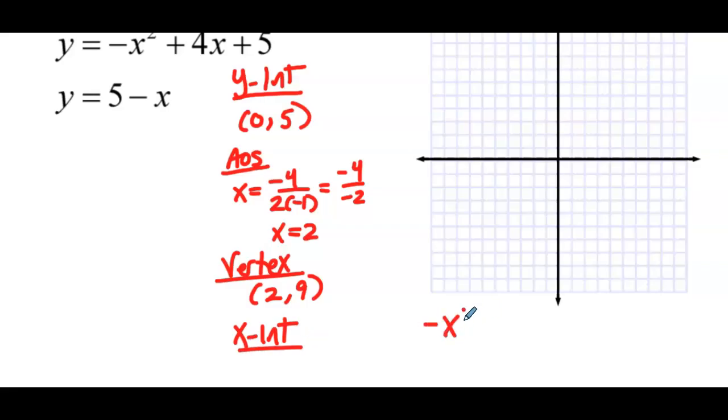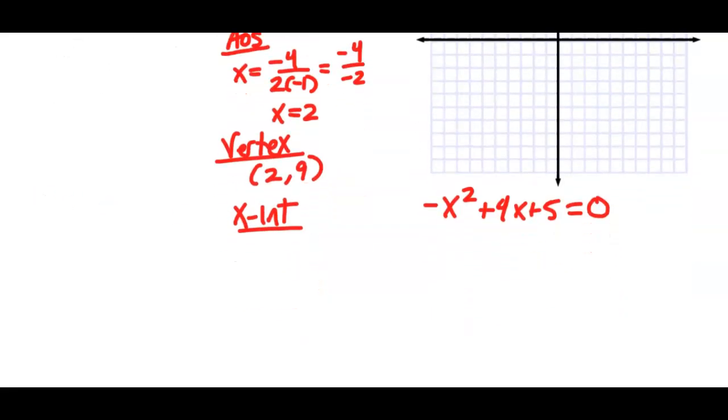So we need to set negative x squared plus 4x plus 5 equal to 0. So I factored out negative 1 in the previous example. So in this example, if we moved everything to the right side, we'd have 0 equals x squared minus 4x minus 5. So I'll switch the equal 0 back to the right side, but factor.